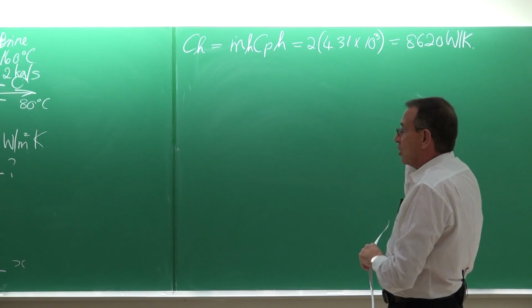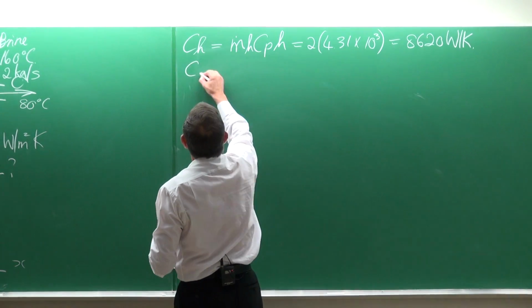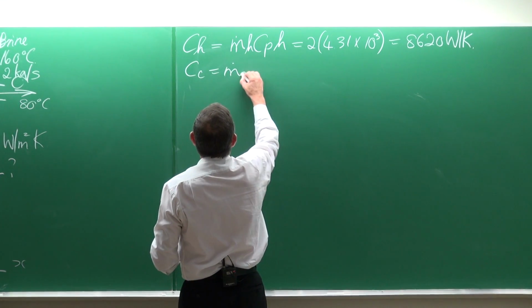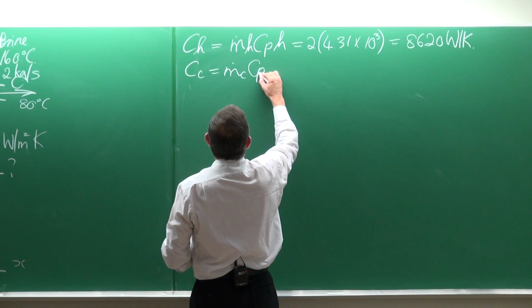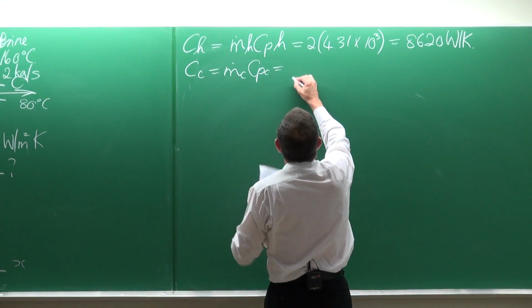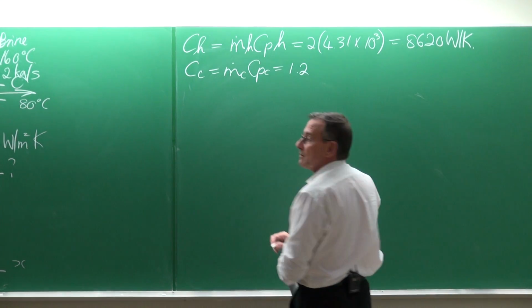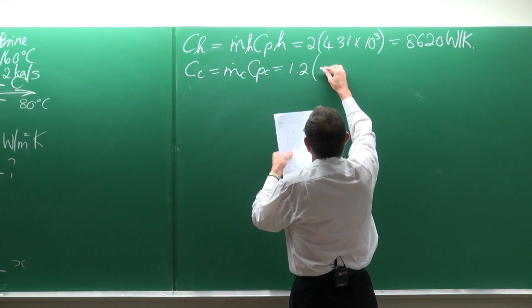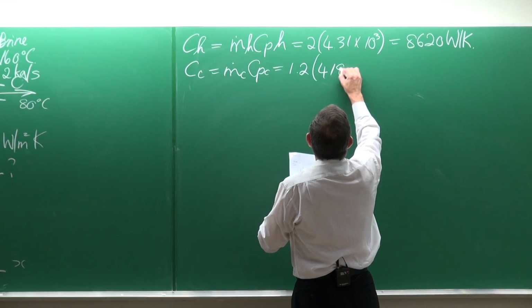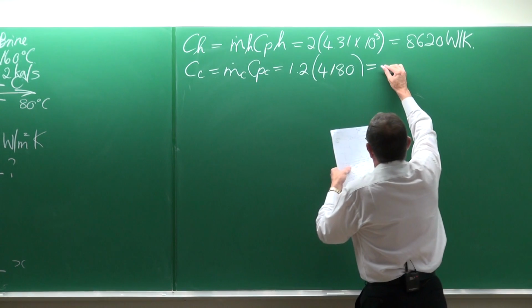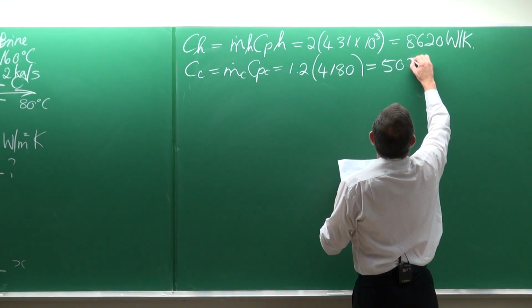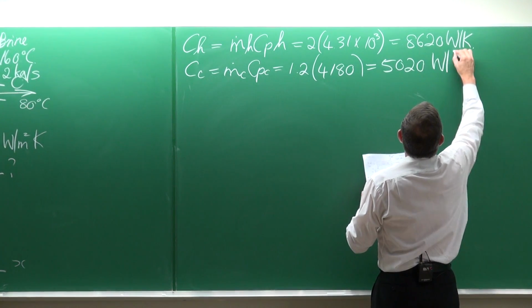That is then for the hot stream. For the cold stream, we do exactly the same. The mass flow rate on the cold side is 1.2, the Cp is equal to 4180, and that is equal to 5,020 watts per Kelvin.